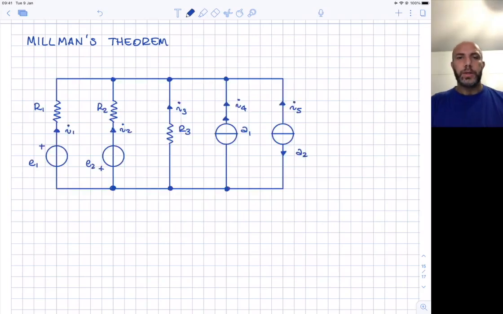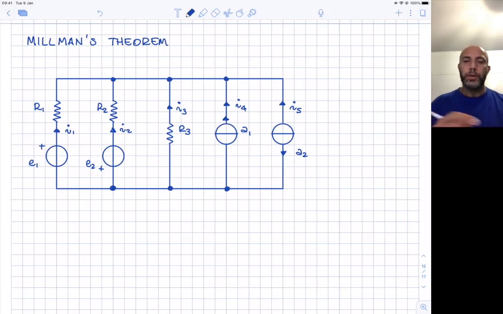Let's consider, for example, the circuit in the figure. Here we have two branches that are represented by a Thevenin's equivalent circuit, but we can think that any Thevenin's equivalent circuit can be also represented as its Norton's equivalent. Then we have a resistor, and then we have current generators.